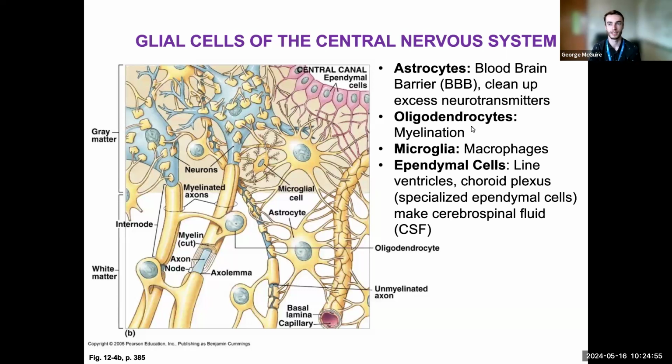Oligodendrocytes, big scary name, are here to facilitate the speed of signal conduction. So these are these little bubbly, knobby looking cells. These are oligodendrocytes. Their job is to myelinate axons. So myelination is referring to this fatty sheath, essentially, that can be wrapped around axons.